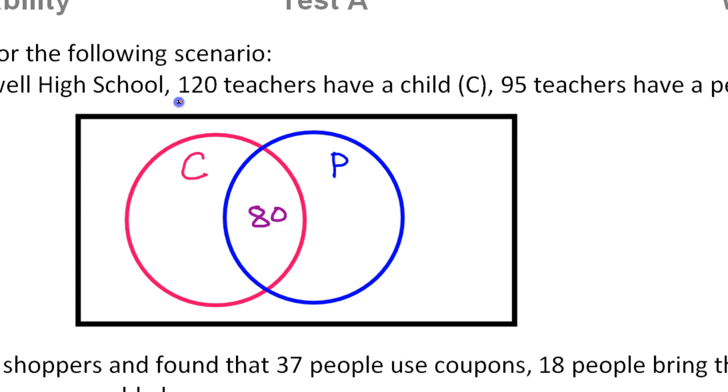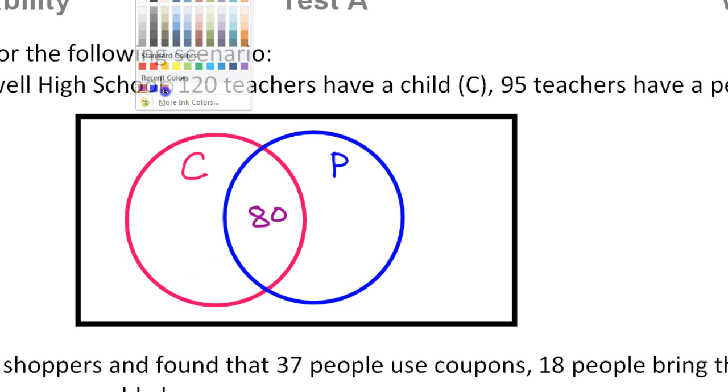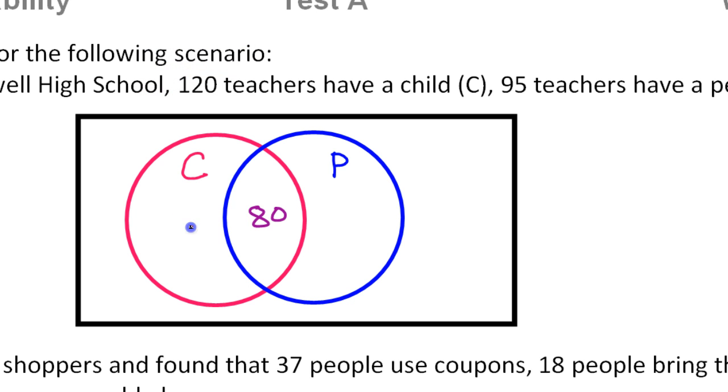So I know that there will be 80 in here. Now, they said 120 teachers have a child. Okay, so that means this child circle needs to be a total of 120. This space out here represents the people that just have a child and no pet. So together with the 80, that has to add up to 120.